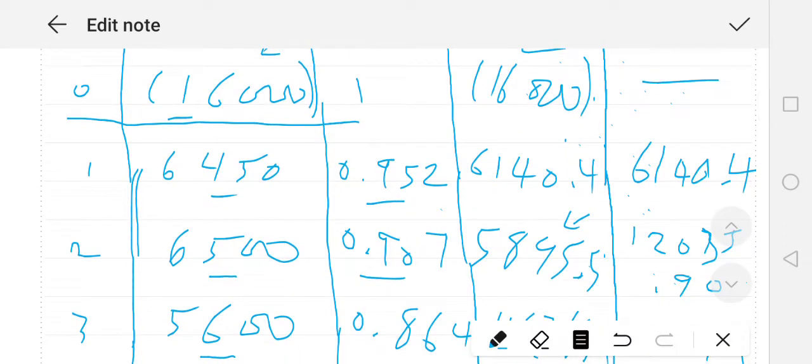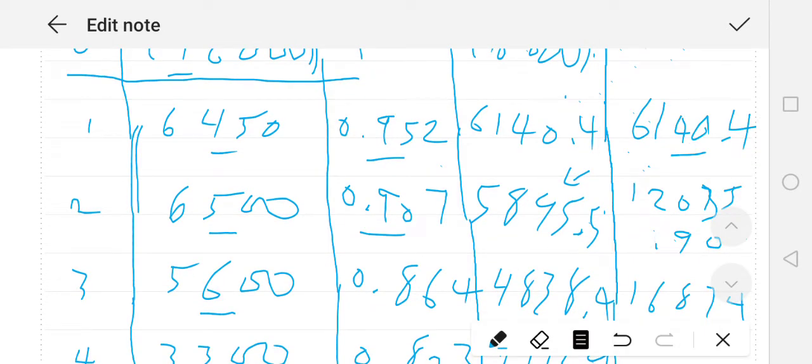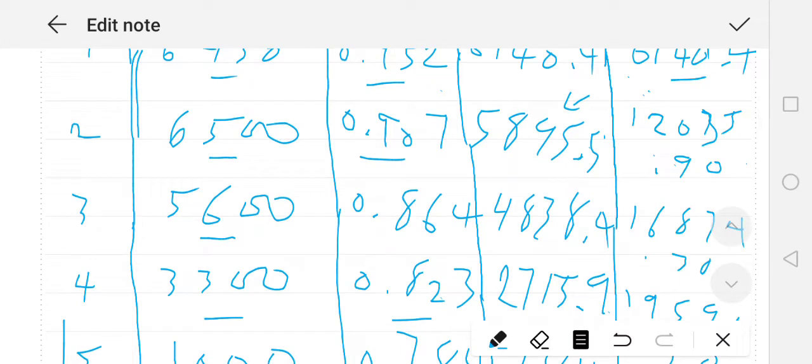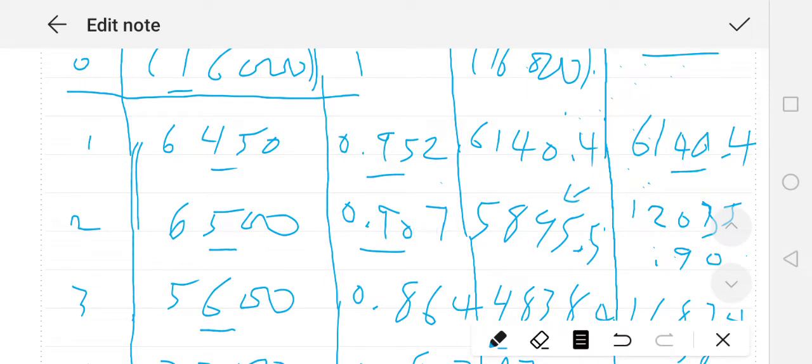So year 1, we have 6140. Year 2, 12035.9. And year 3, we have 16874. Years before full recovery means how many years you have been able to recover at least part of your money.